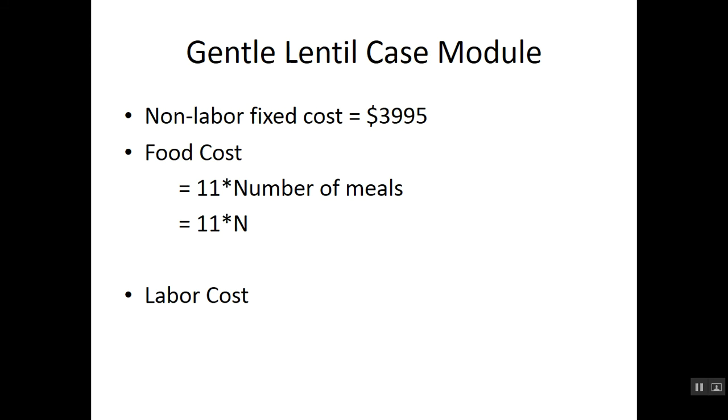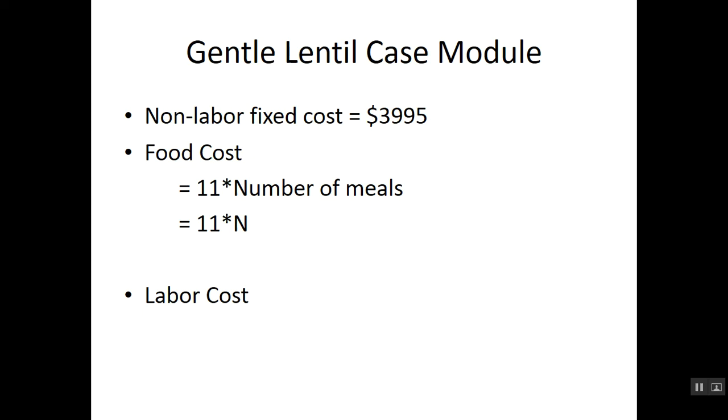Now he gives us a little more information on this on page 222 in the case module. He gives us a chart that details where these costs come from. These are things like his rent, the leasing costs for his equipment, his utilities, his insurance, those types of things. He expects them to add up to $3,995 per month. So this is going to be an ongoing cost.